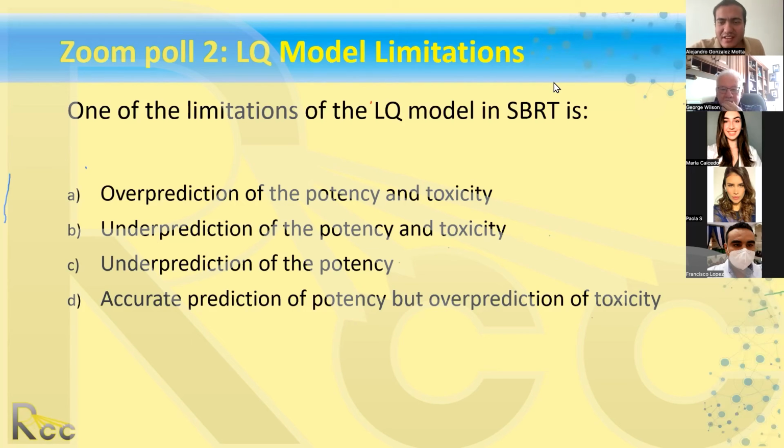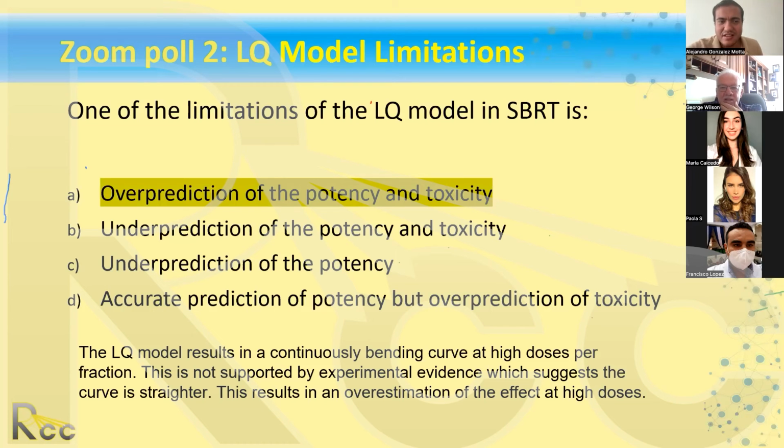Okay. Go ahead. So the answer is that it's overprediction of the potency and the toxicity. So it's overestimating the amount of cell kill, but also overestimating the toxicity as well.